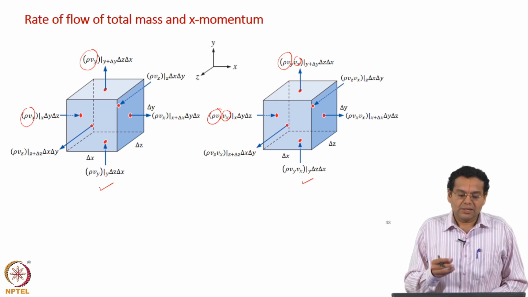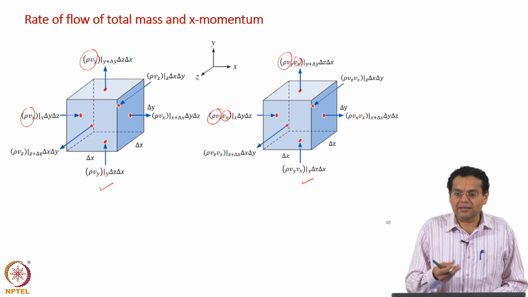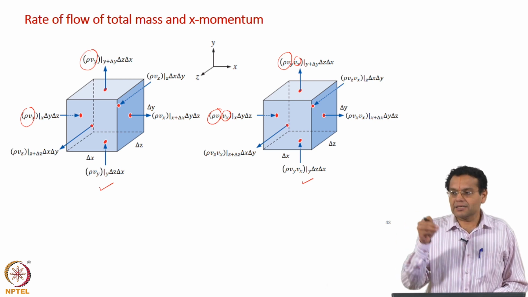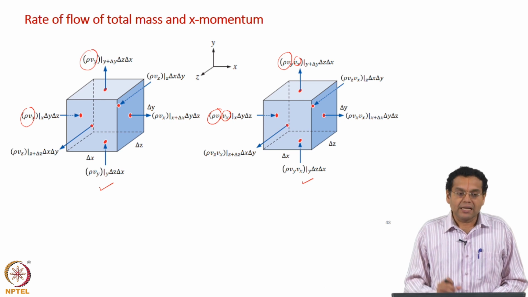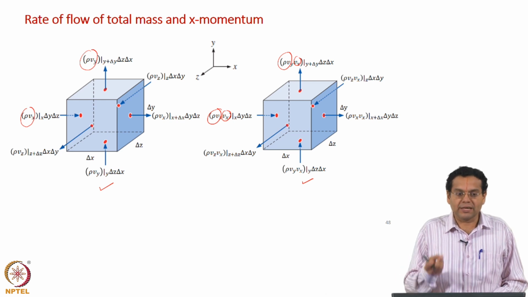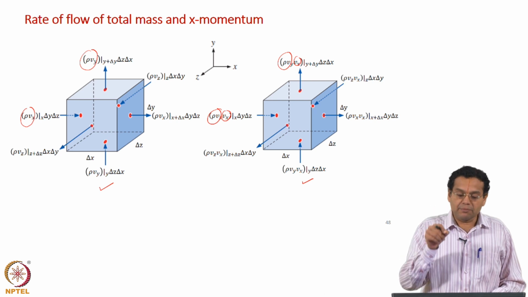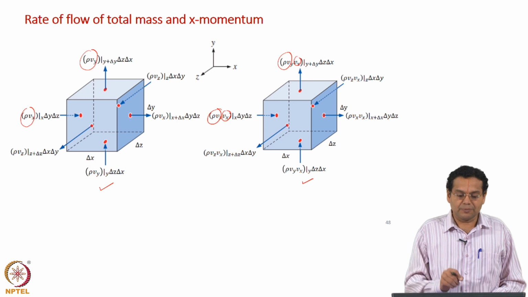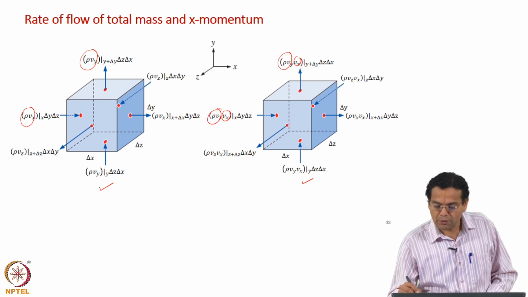So there was no discussion about the mass at all, mass is given, V could be any direction, it could be along x direction, y direction, z direction, but now this mass represents mass of a fluid, and hence that mass flow can happen in x direction, y direction, z direction. That is why we are giving importance to the mass also, the direction and the component of velocity also. That is why we have rho and then let us say Vi in general, and then here we have Vx.